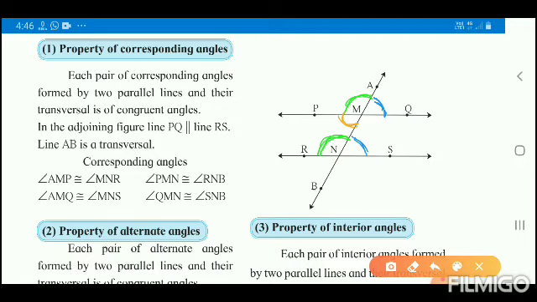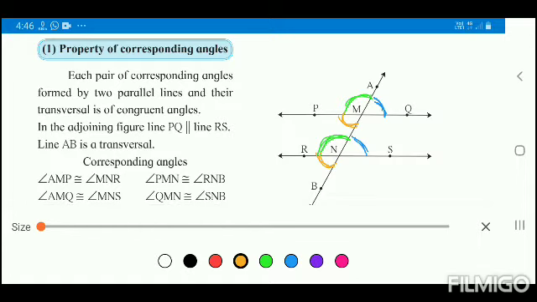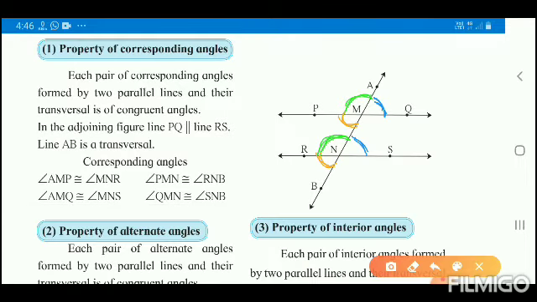It is congruent with angle RNB. Okay. Now one pair remains, that is angle QMN, means this angle, congruent with angle SNB, means this angle.